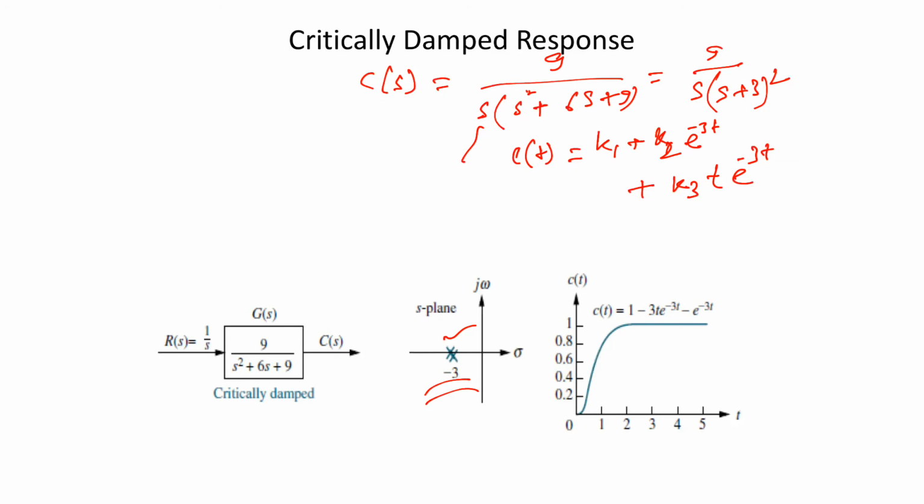Okay, so this type of response is known as the critically damped response. It is called the critically damped response. These are the fastest possible without the overshoot. That is the characteristic of the underdamped response also. These are very fast without the overshoot.